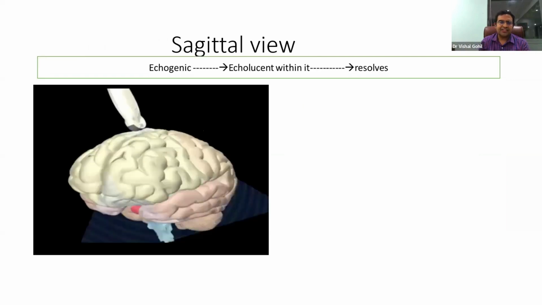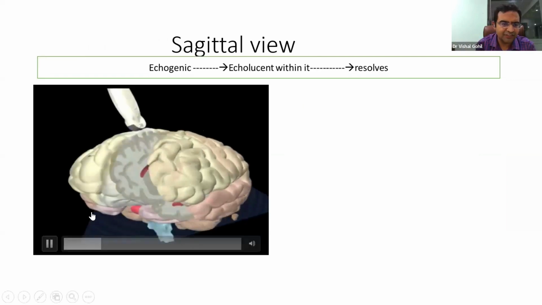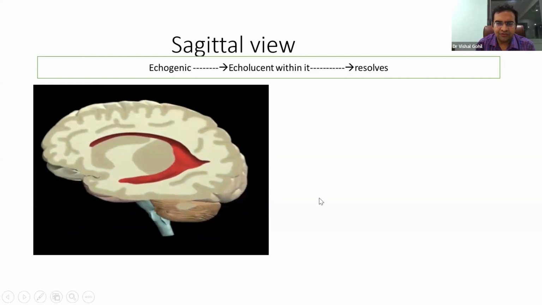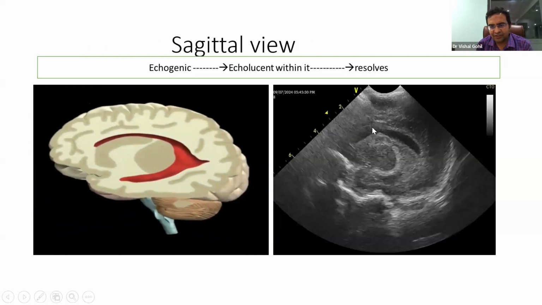If you do the sagittal view, this is actually your parasagittal view, and we know this view. So this is your lateral ventricle, crescent, so you can see the whole inferior horn, posterior horn, body and frontal horn, and this is your thalamus over here. This is your choroid plexus, and choroid plexus has the same echogenicity as blood.